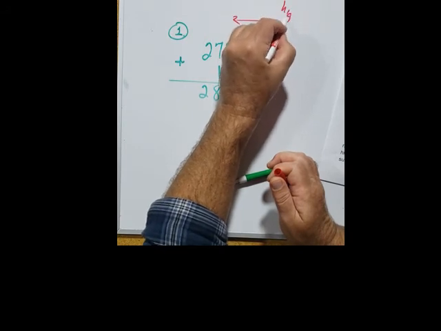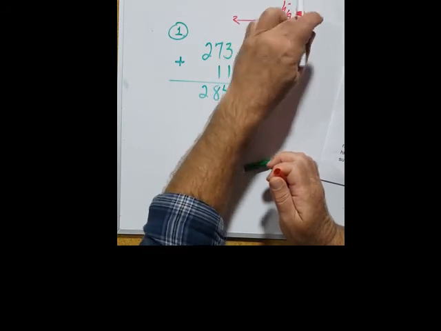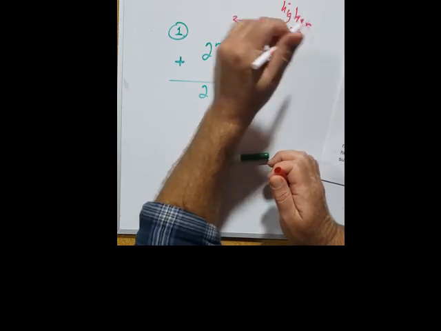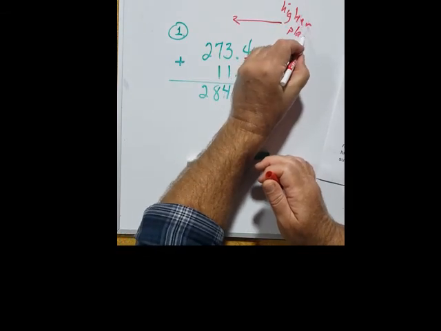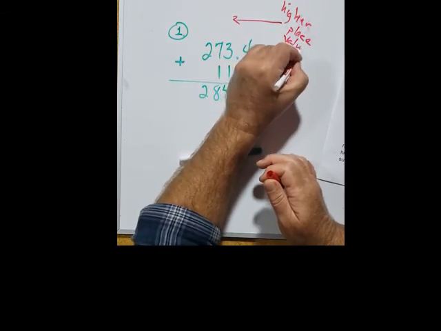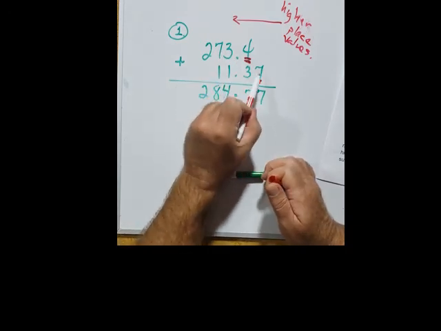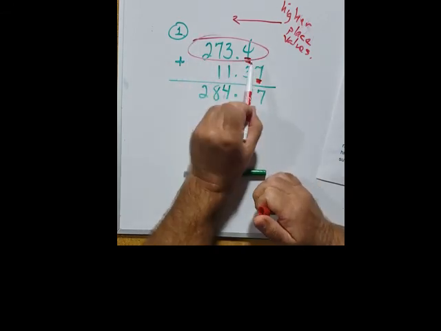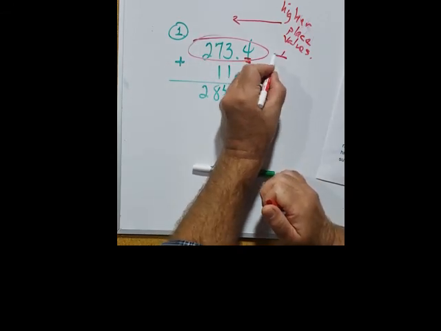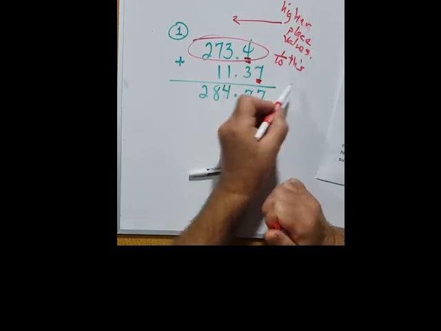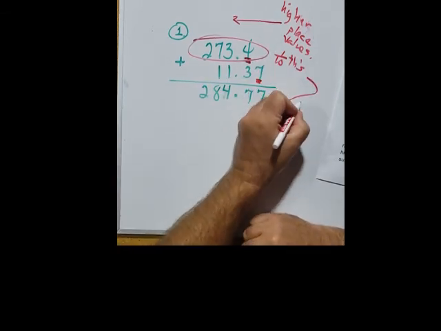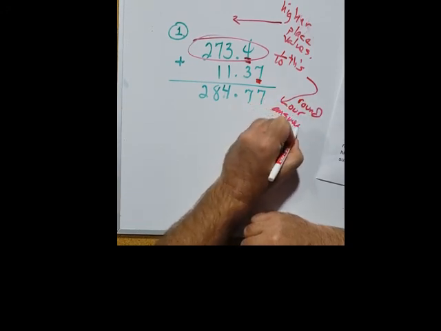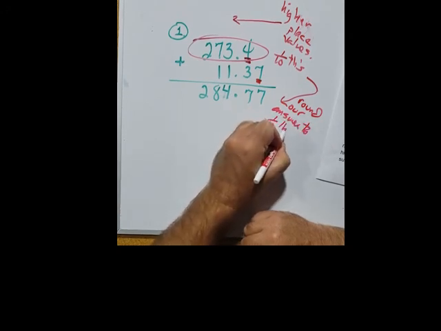Which one of those is the higher place value? Well, it's the one that's furthest to the left. Remember from the previous example, as we move from right to left in our number, we go to higher place values. So which one of these two numbers has its last significant digit furthest to the left? Well, it's this guy right here. Its last sig dig is in the tenths place. So we need to mirror that in our answer. Round our answer to the tenths place.